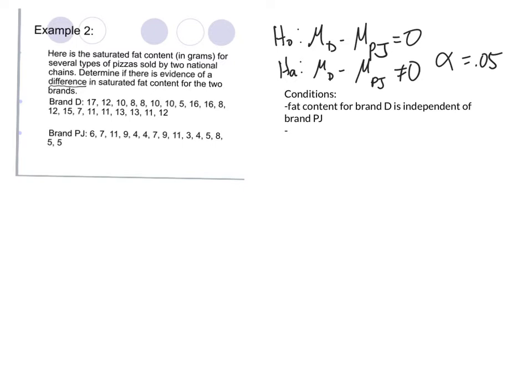Let's see, what were our sample sizes? 15 on PJ, and the sample size is 20 on D. So 20 is less than 10% of all brand D pizzas, and 15 is less than 10% of all brand PJ pizzas.